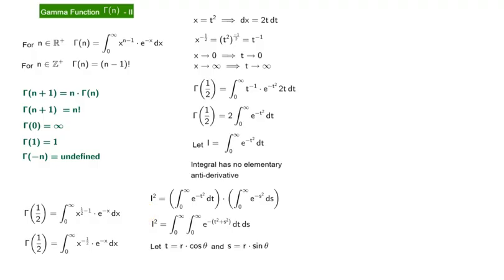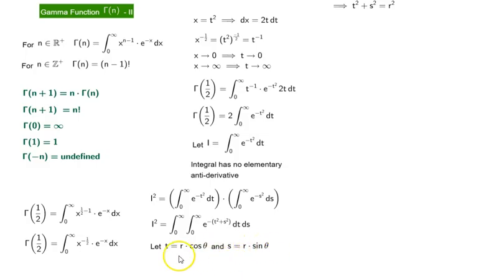Now again we carry out a substitution. Let t is equal to r cos theta and s is equal to r times sine theta. So what do we get by squaring and adding them up? t square is equal to r square cos square theta, s square is equal to r square sine square theta.